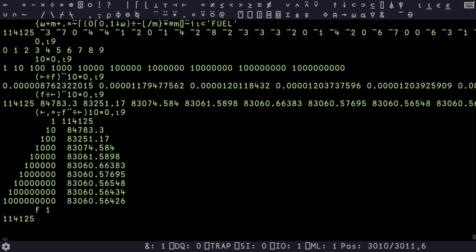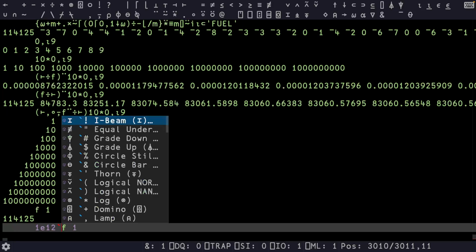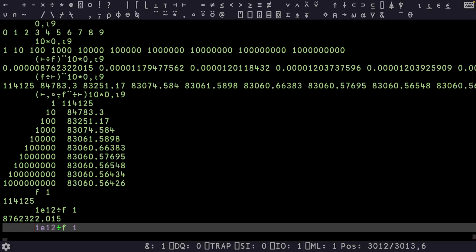Okay. So one way that we could think about this is basically we have the amount of ore that it takes to produce 1 unit of fuel. What if we do 1e12 divided by this? That tells us you could expect to make at least this much fuel with the amount of ore that you're putting into each unit of fuel.